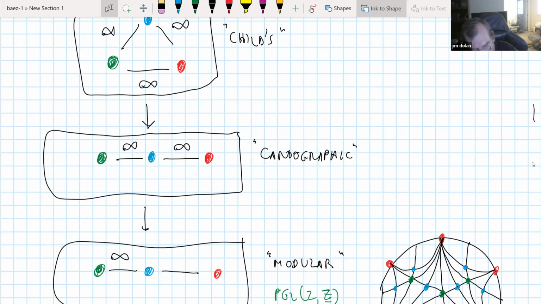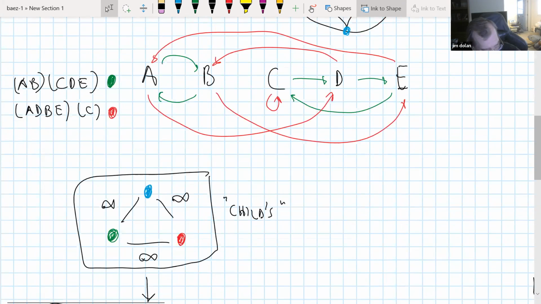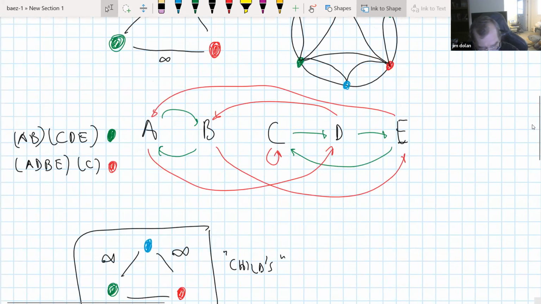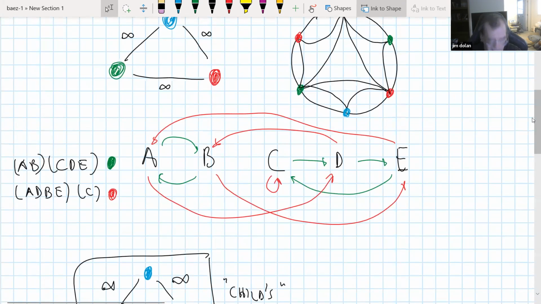I guess what we're supposed to do here is really understand this stuff where we take the purely combinatorial idea of just an action of the free group on two generators.